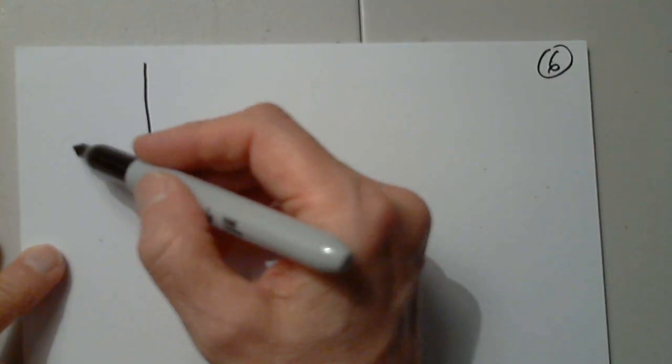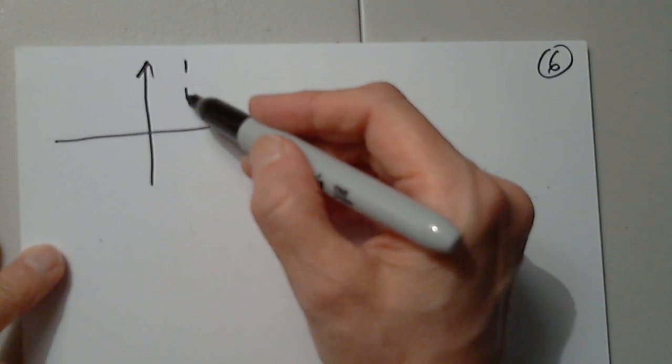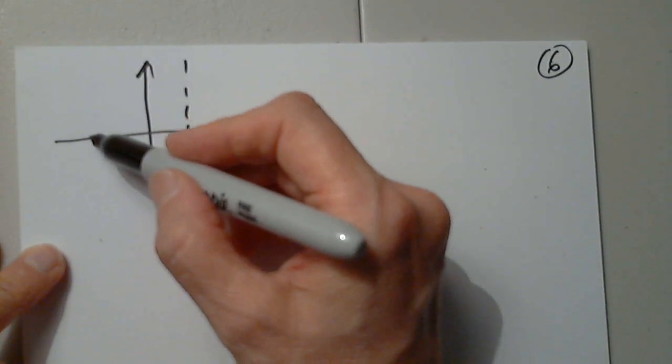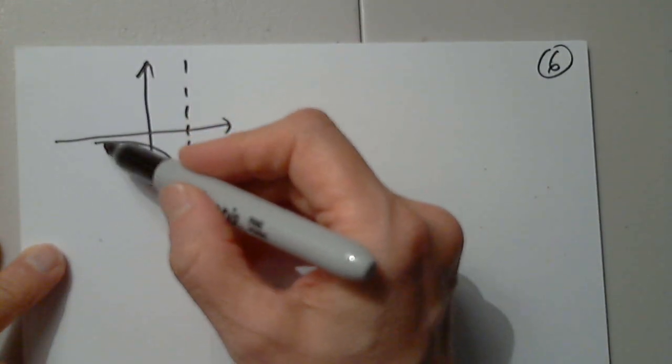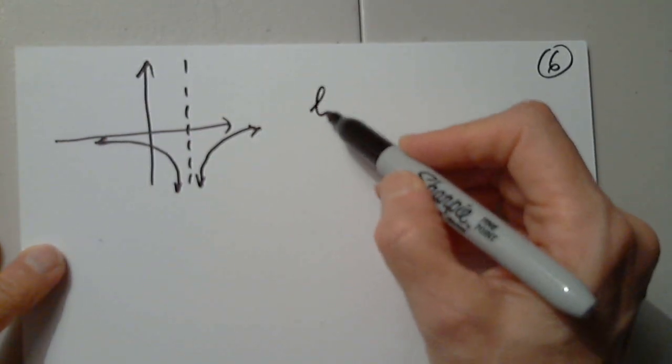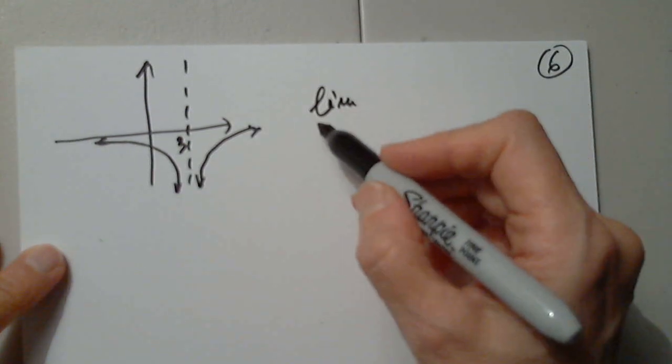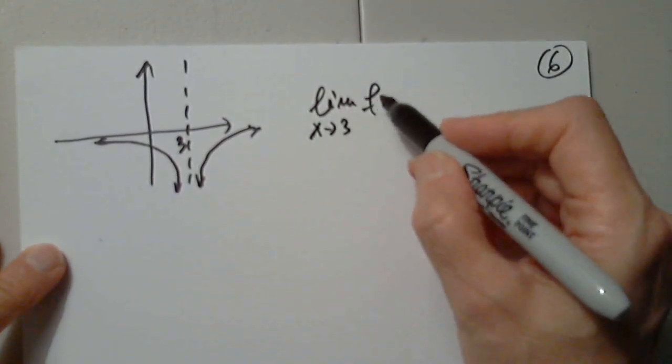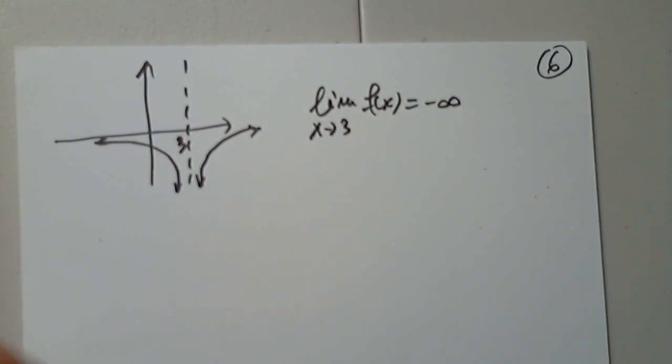If both sides go to negative infinity, it's still D and E, but you cannot write D and E. So limit as x approaches 3 from either side of f of x equals negative infinity. It's still D and E, but we have to write negative infinity.